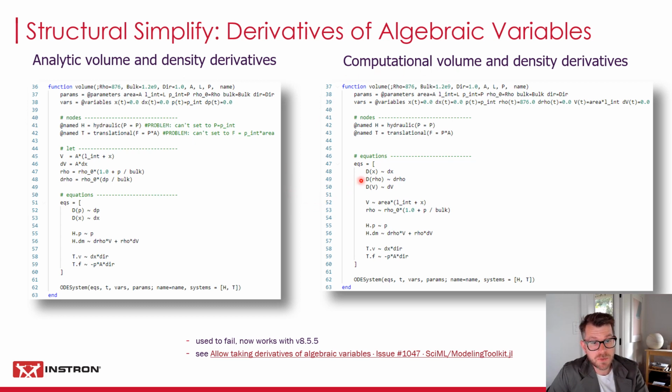So you can see here we have the differential operator on density and volume, and our volume and density relationships are brought in as equations now. So we'll call this the computational approach. I'll show in the following slides how this makes a pretty significant difference when calling structurally simplify to simplify our system.